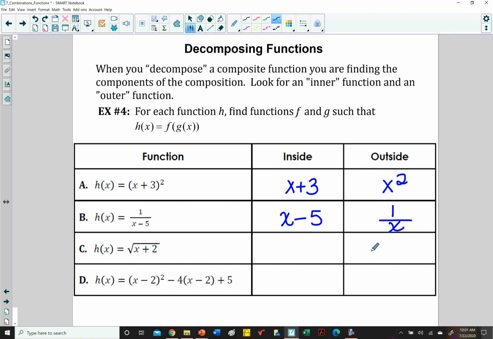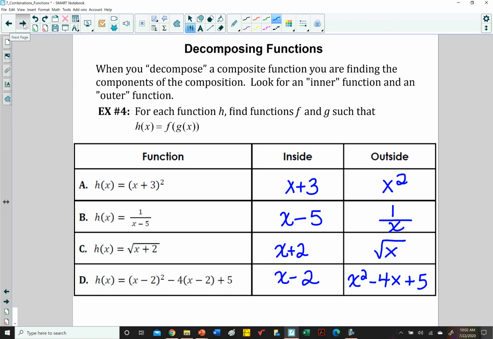Same thing here. I see the square root of x as the outside function, and I substituted a linear function x plus 2. This one's a little trickier, but do you see the x squared minus 4x plus 5? X squared minus 4x plus 5 is my outside function, and then we substituted x minus 2.